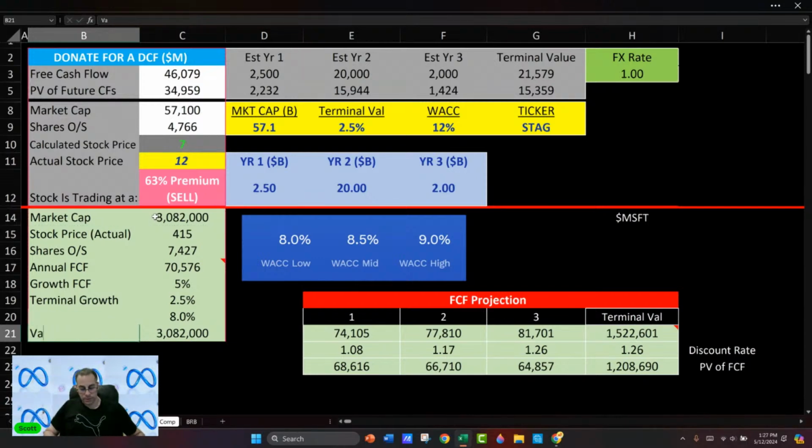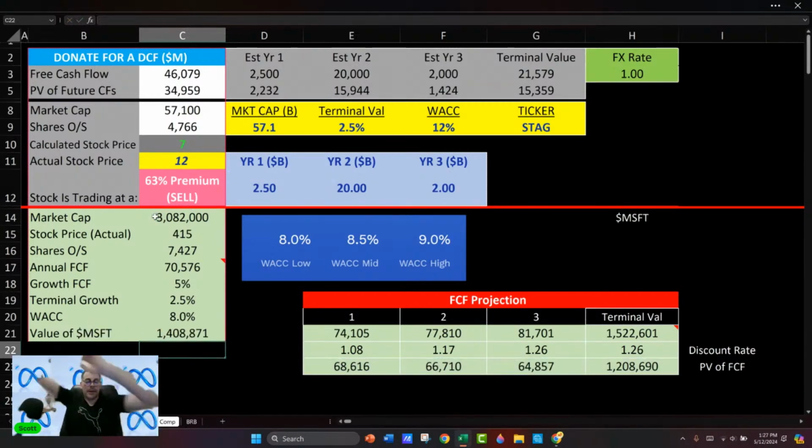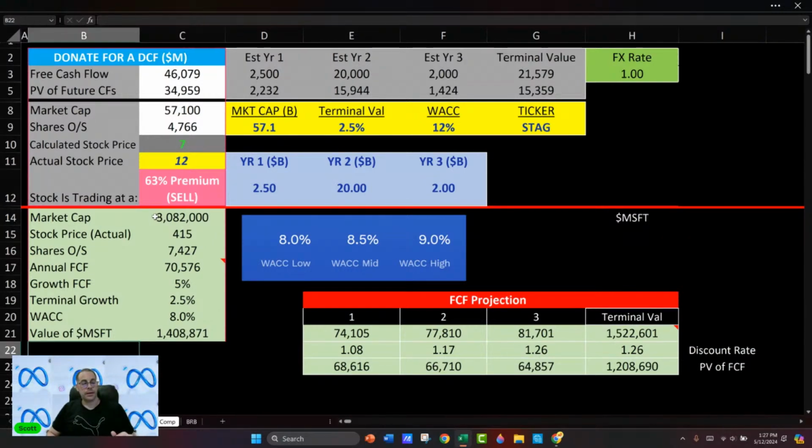So the value of MSFT. Based on our analysis, we think the value of Microsoft is $1.4 trillion. That's what they're worth today.